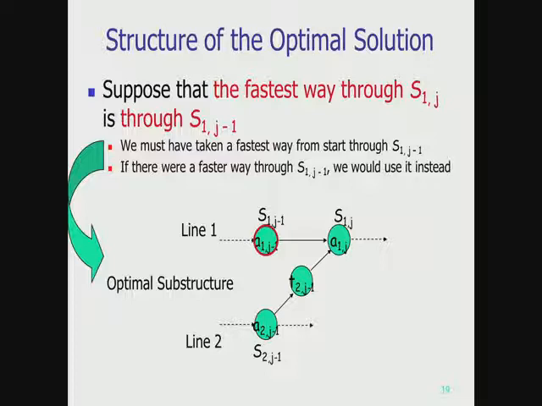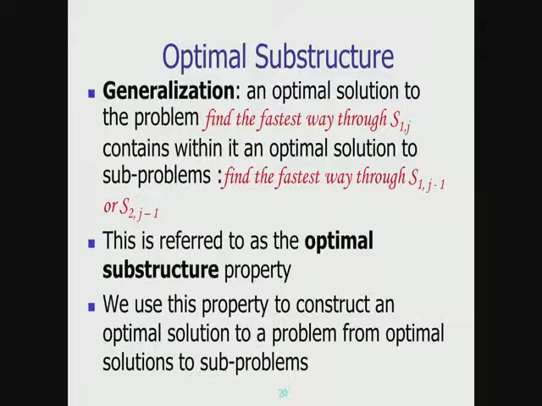The structure of an optimal solution is the fastest way through S1J contains with it an optimal solution to the fastest way through S1J minus 1 or S2J minus 1, whichever is there in the fastest way through S1J. This is referred to as the optimal substructure property.